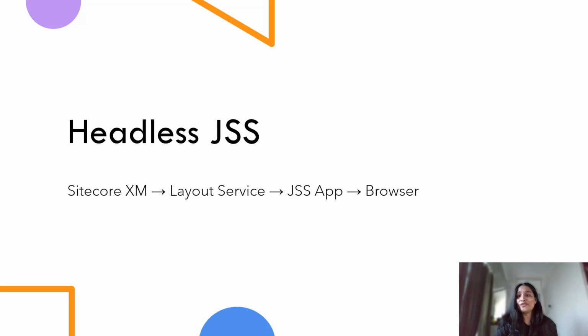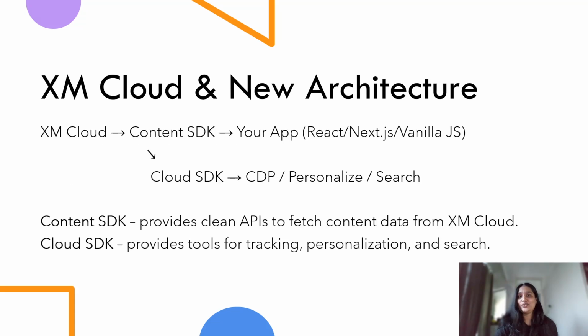So for that, Sitecore has now moved to a new, more composable, API-first architecture. Instead of relying on the layout service for the rendering instruction, we now have two different SDKs. The first one is the Content SDK, which provides a clean API to fetch the content data from XM Cloud, and the second one provides the tooling for tracking, personalization, CDP, Sitecore Search, etc., to implement the other features.